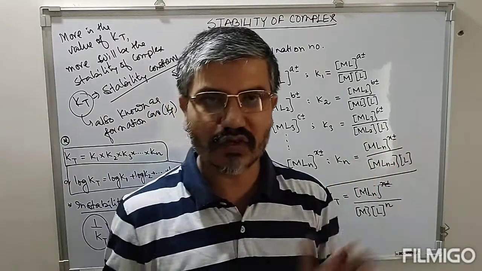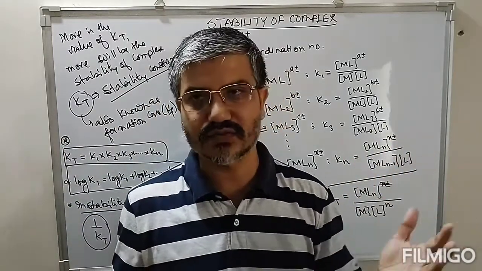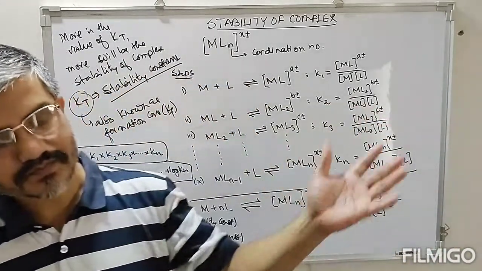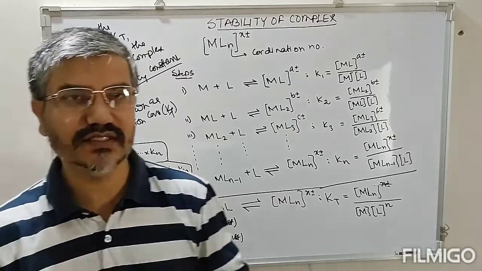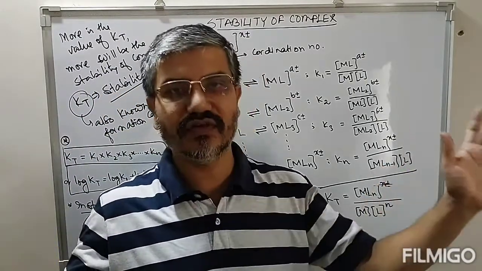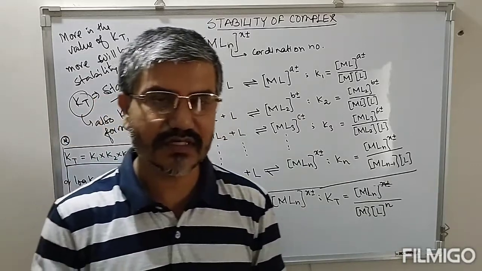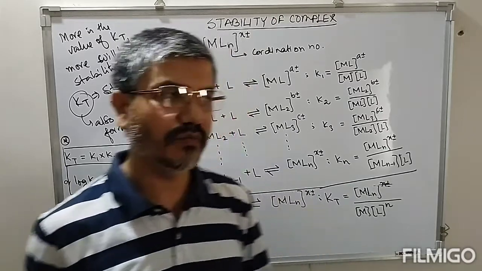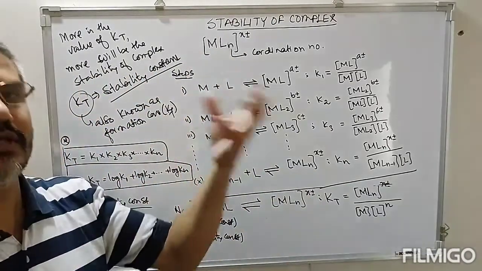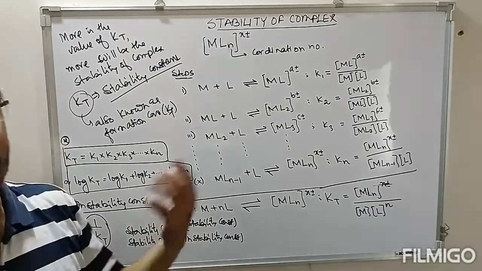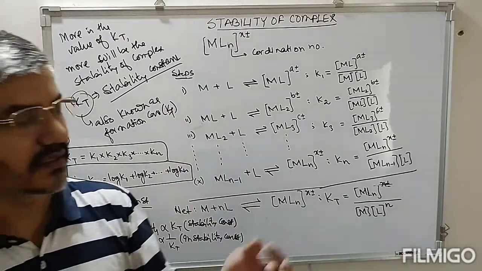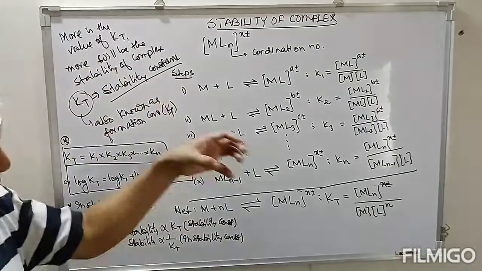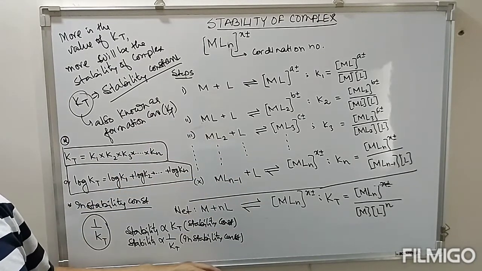So octahedral complexes are more stable than tetrahedral complexes. Again, in a square planar complex, the splitting increases further and the crystal field stabilization energy increases, so square planar complexes are more stable than octahedral complexes. So overall stability depends on metal, ligand, crystal field stabilization energy, and the geometry of the complex. This is what we talk about, the stabilization of the complex.